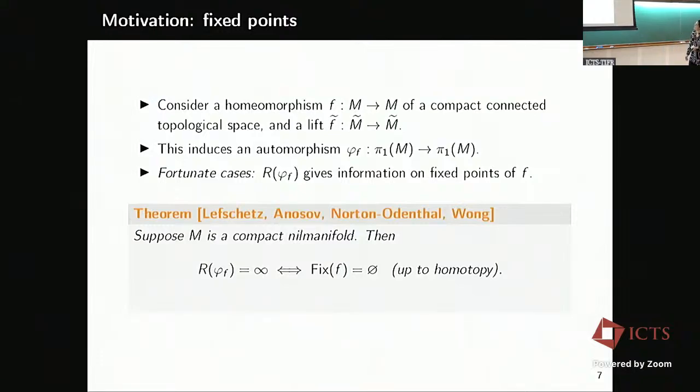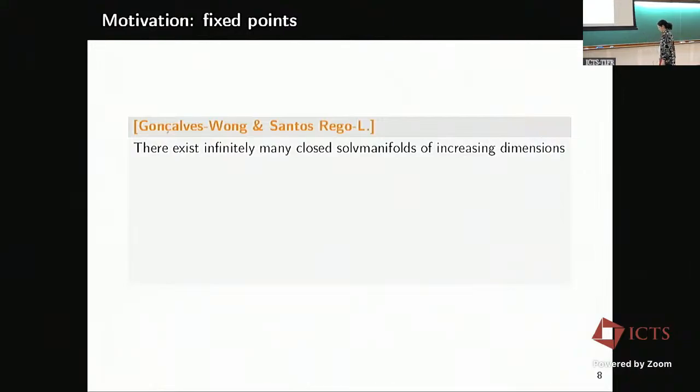But this is just one example of why we care. Actually, if you know that the Hadamard number is finite, this is a lower bound, in fortunate cases, for the number of fixed points. So in that sense, it's useful to also know what the finite Hadamard numbers are.